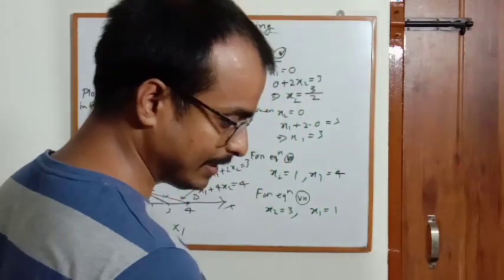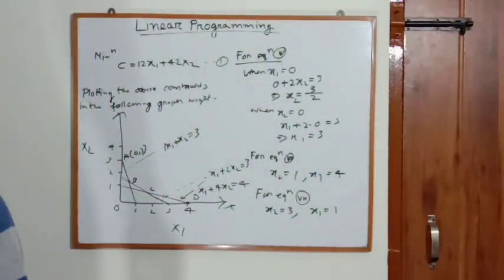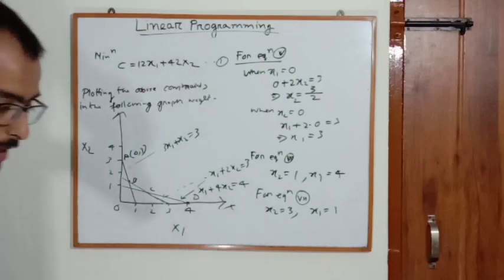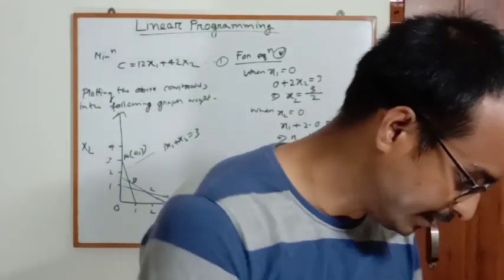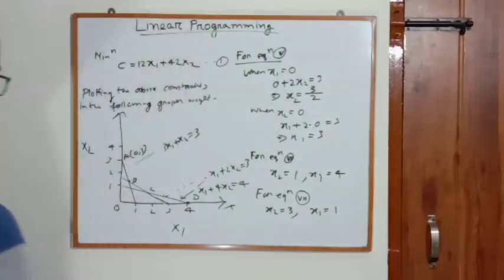In B, it's a little bit complicated. Since I don't have a graph, it is very difficult to find the value.